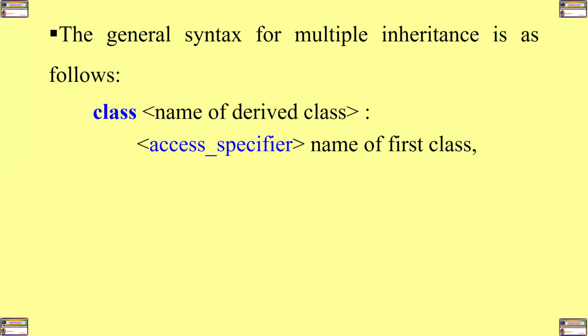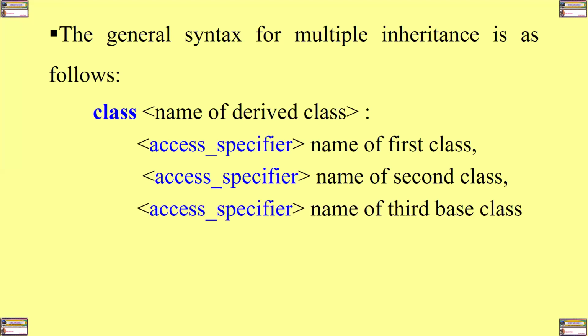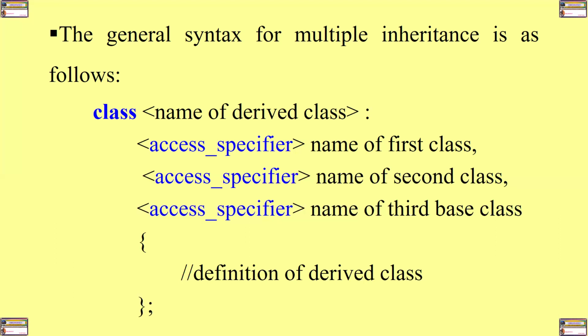We have the access specifier, followed by the name of the first base class, and then comma, access specifier, name of second class, comma, access specifier, name of that base class, etc. So a single class can inherit members from several base classes. Like in this case, we have first class, second class, third class. And then we have the opening brace and we do the definition of our class.